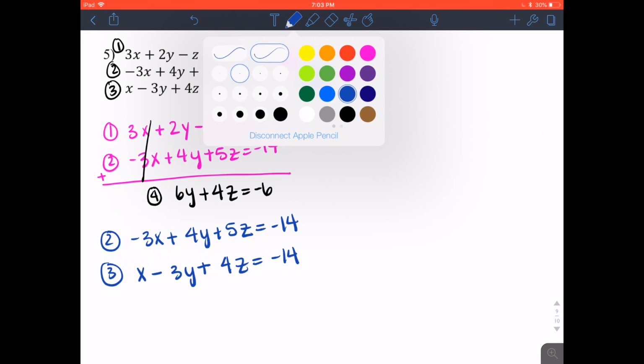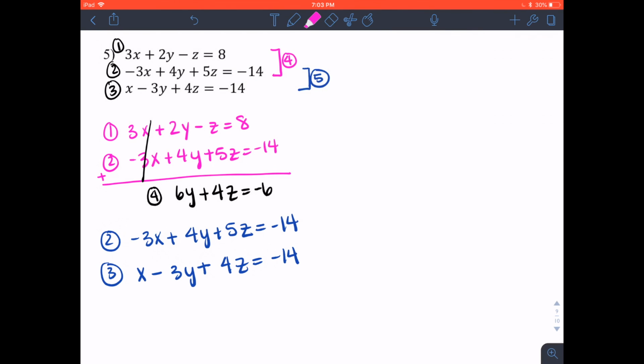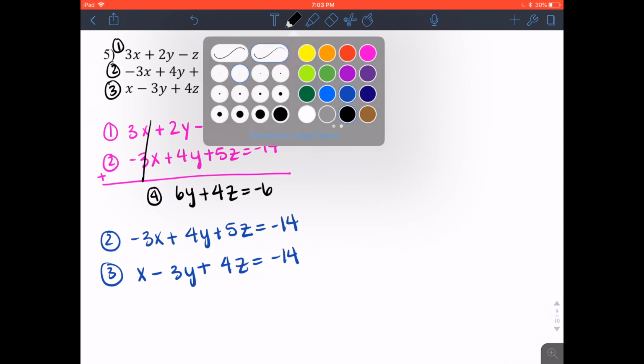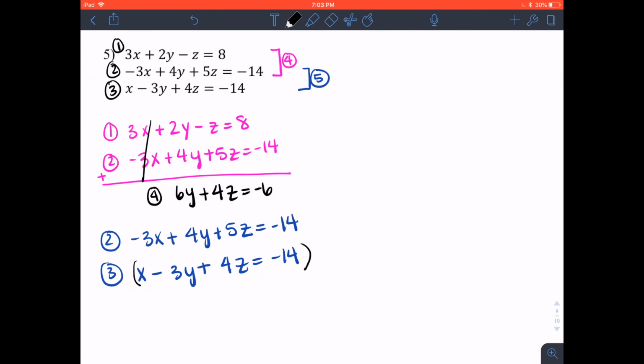Taking a look at this, our x's are opposite in sign, which is good, but this x here has a coefficient of 1. So if I want to cancel with my top negative 3x, I have to multiply this x by a positive 3. So I'm going to multiply the bottom equation by positive 3.